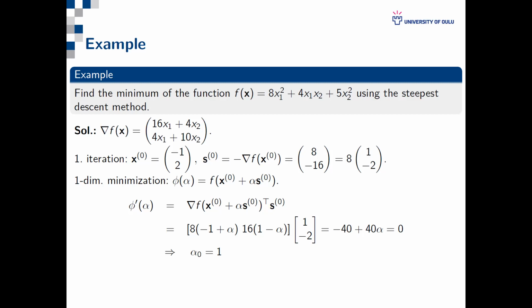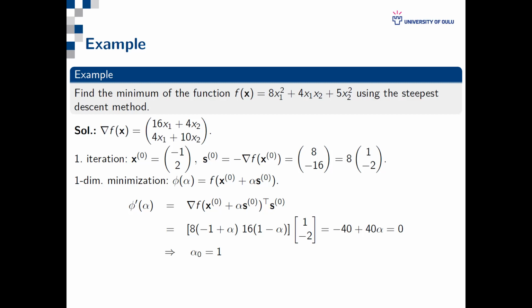Okay, I have computed S0. I have to compute the gradient of f at x0 plus alpha times S0. So I put here x0 plus alpha times S0. Okay, maybe I have dropped... Yes, I have dropped this 8.